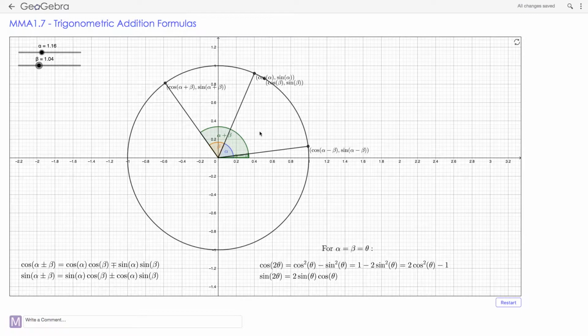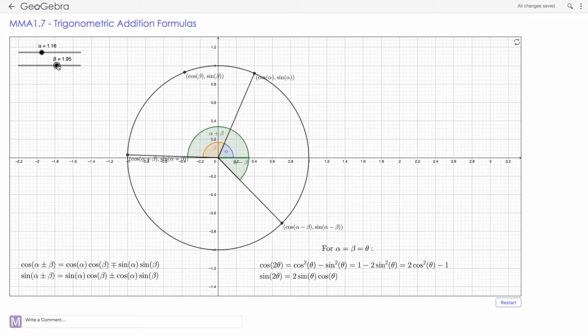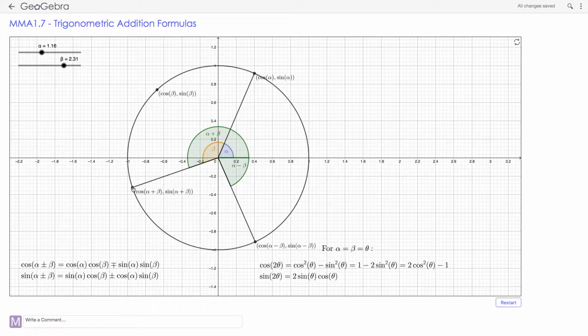So what are the trigonometric addition formulas? Well, basically they are ways of calculating the coordinates of this point and this point, knowing only this point and that point. I'm not saying this is simple, but it's just a fact that you can do this. I won't prove it to you.